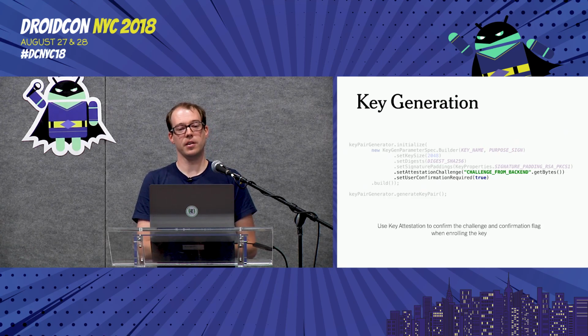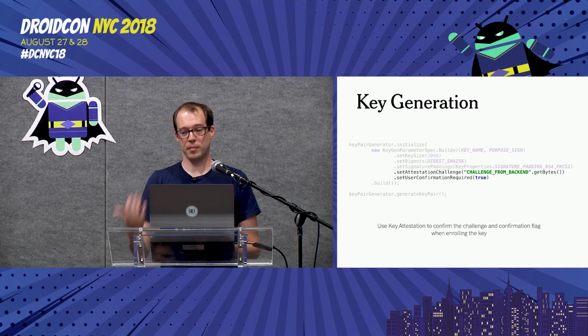Once you've set this flag, this key can only be used to sign data that has gone through the confirmation flow. You can't use it to sign anything else, it'll error out. So having used this key implies that the data that went through it had been confirmed.